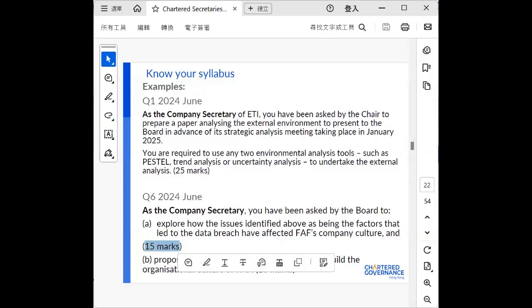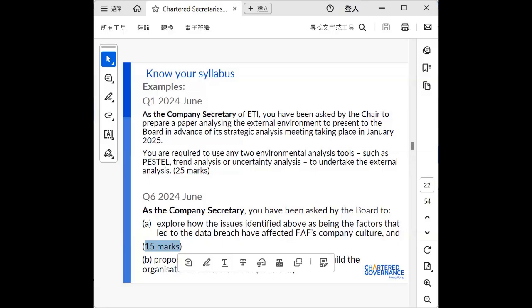And probably, if that's the case, your chance of getting 12.5 marks is very, very low. As you can see, if you want to get 12.5 marks out of 15 marks, that will be around 80 or 90%, which is quite difficult, normally speaking.